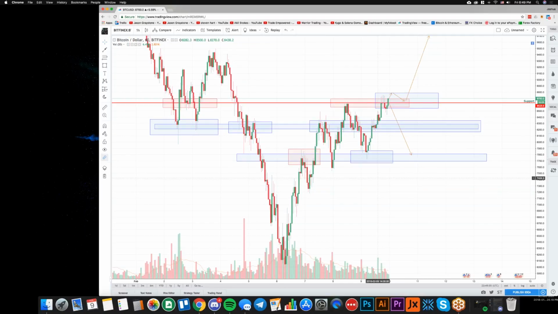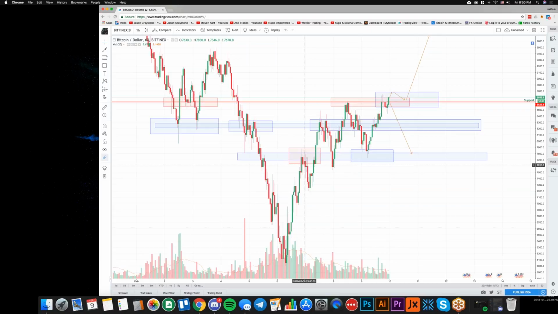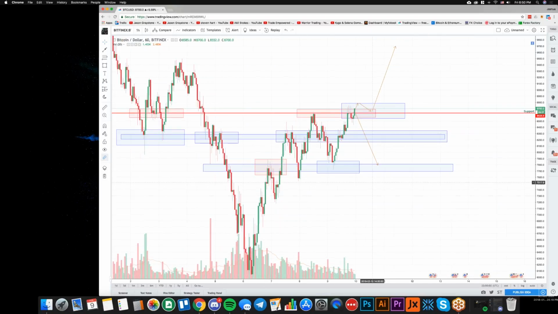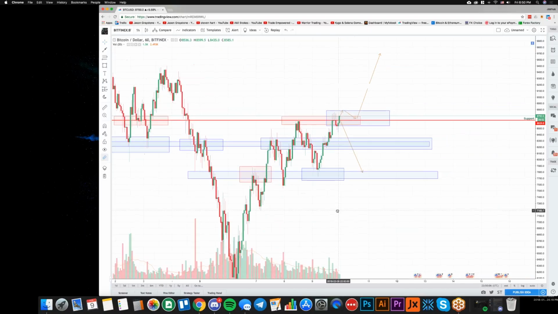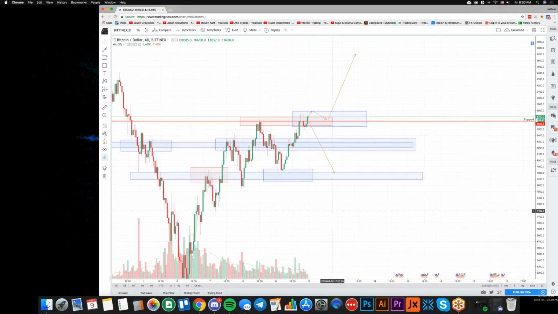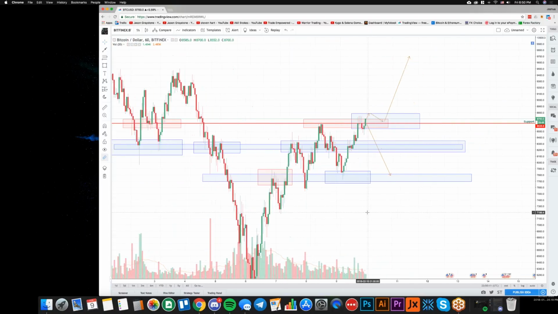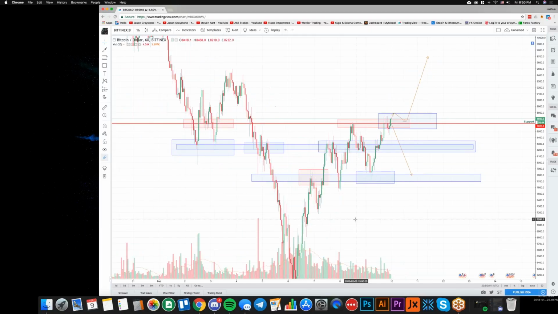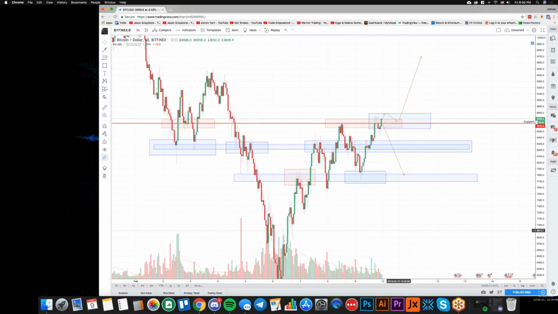So the reason that this box right here is resistance is because it came up and was treated as a ceiling. Now this same zone is support over here because it came down and treated it as a floor. So really it depends on where price is in relation to that line for it to be treated as support or resistance. Support indicates that it's going to touch it and go up.